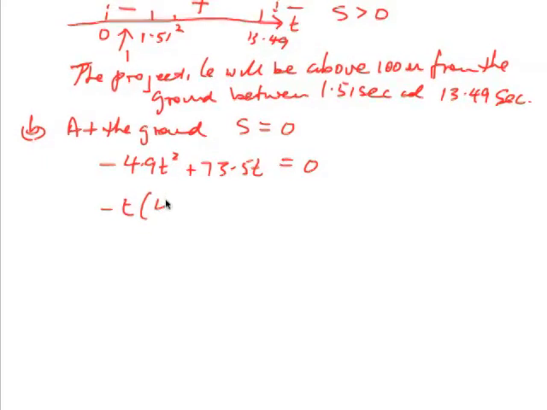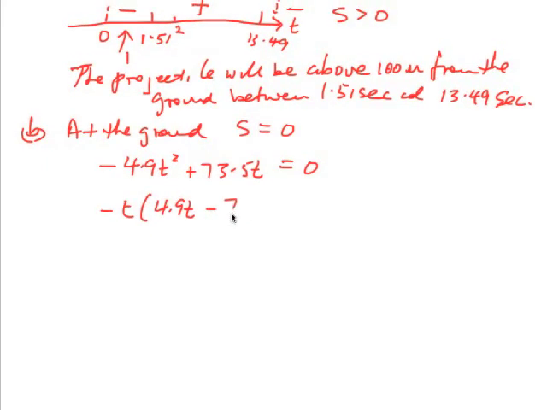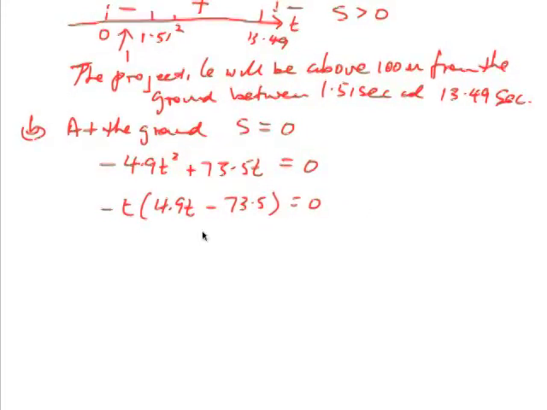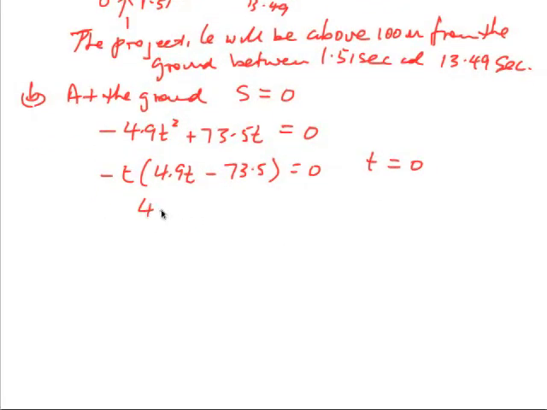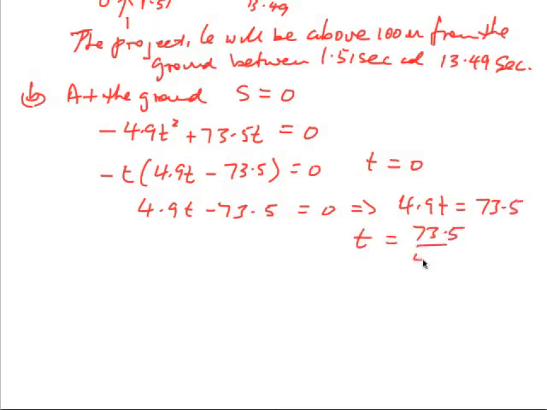So we get t times 4.9t minus 73.5 equals 0. Clearly this is going to be when t is equal to 0. That's when it started at the ground. It's also when 4.9t minus 73.5 equals 0, implying that 4.9t equals 73.5, or t equals 73.5 divided by 4.9. We use the calculator, and we'll find that this comes out to be 15 seconds.